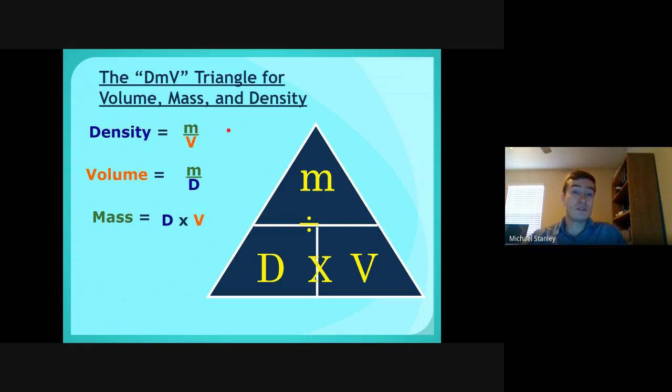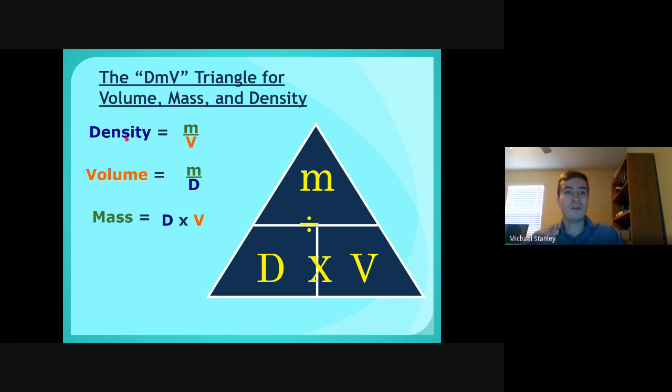However, sometimes we've already measured maybe the density and the mass of something, but we don't know the volume. Or we've measured the density and the volume, but we don't know the mass. So as long as you have two of these three measurements, you can do a little bit of simple math in order to figure out the third.